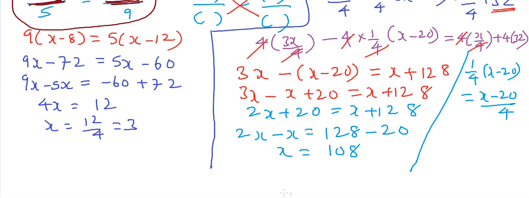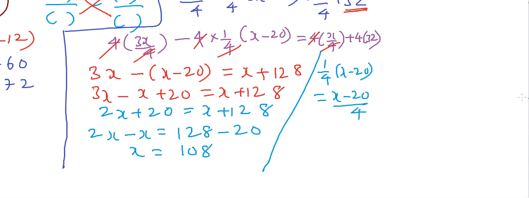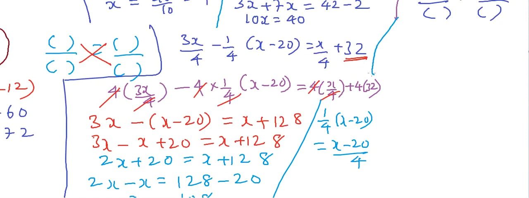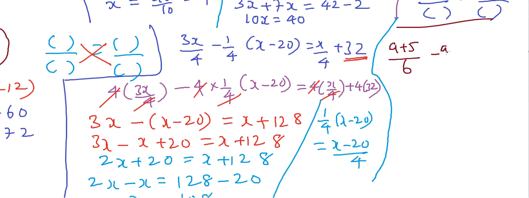Okay, let's see another example of this type. a plus 5 by 6 minus a plus 1 by 9 equal to a plus 3 by 4.